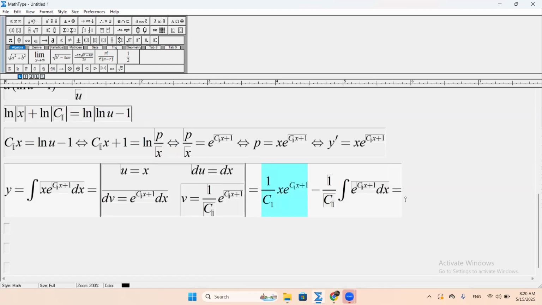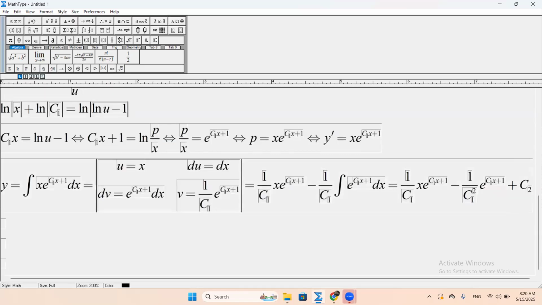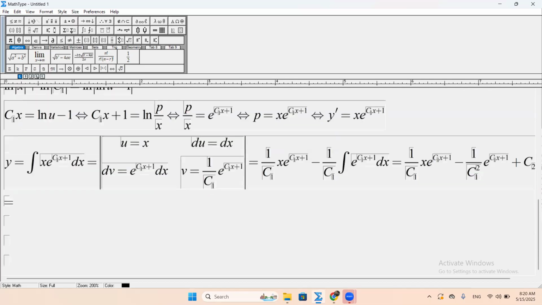So we receive this expression minus 1 over c1 squared times the exponent, and plus c2. And now let us simplify it a little bit.